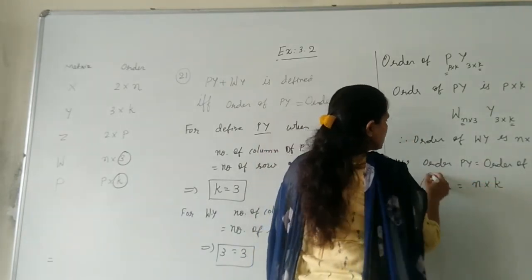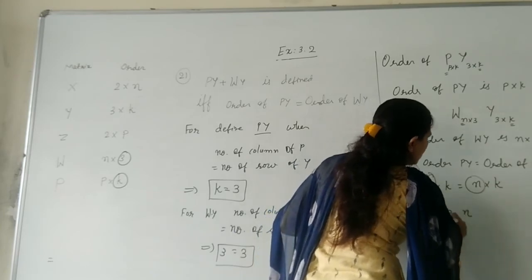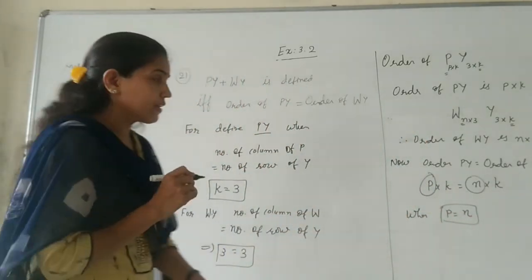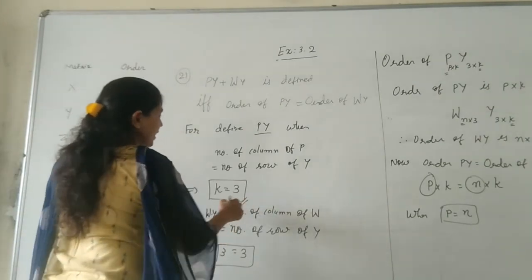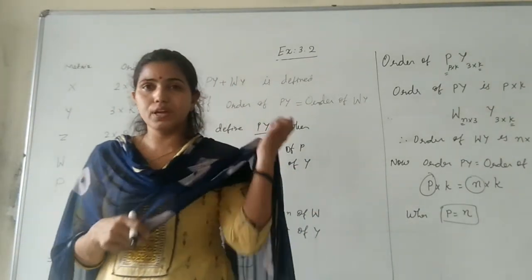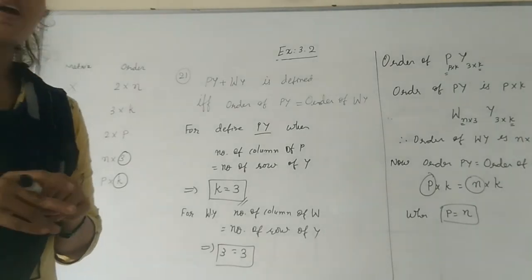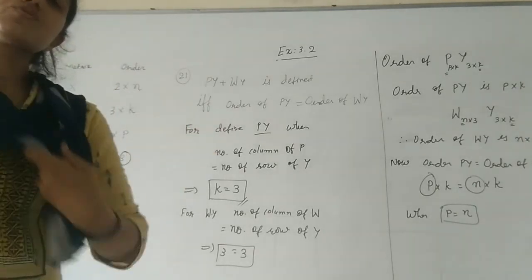So this is only possible when p is equal to n. Now you can see, students, which option is given? k is equal to 3, which we found first, and second n is equal to p, and that is your option number B. Option A, that is k is equal to 3 and p is equal to n. So that is your answer, students.